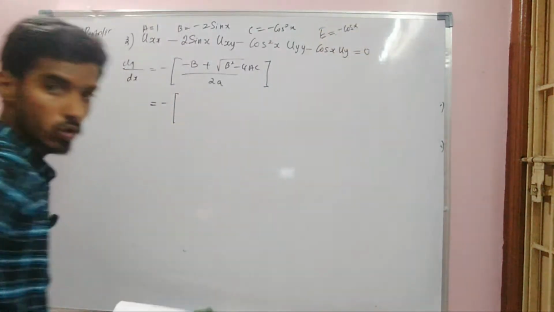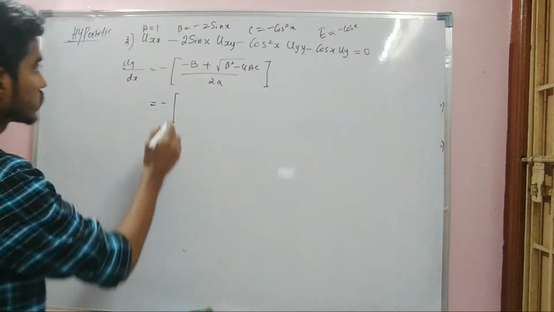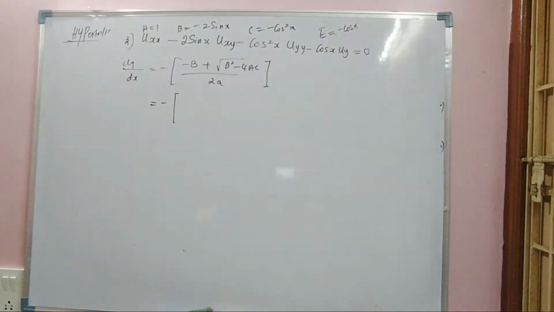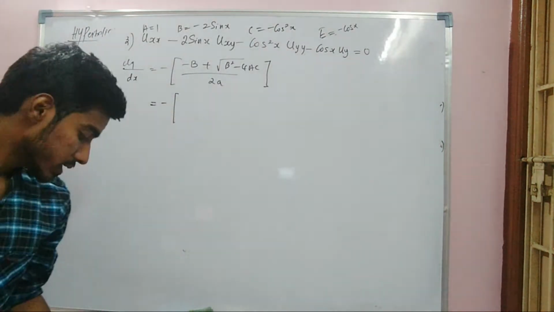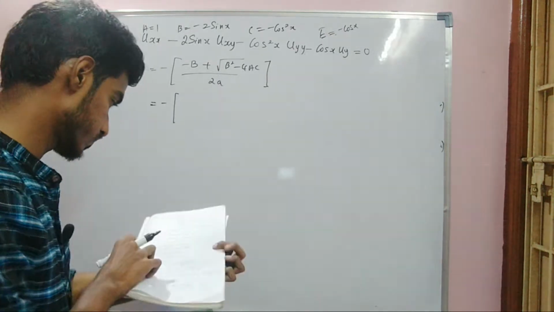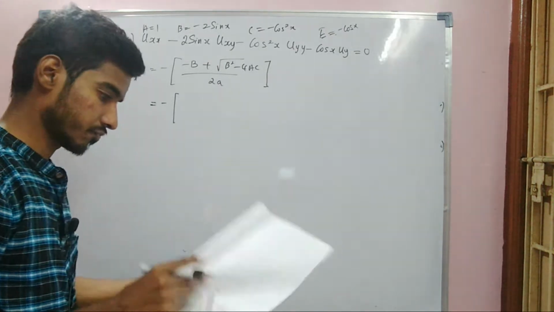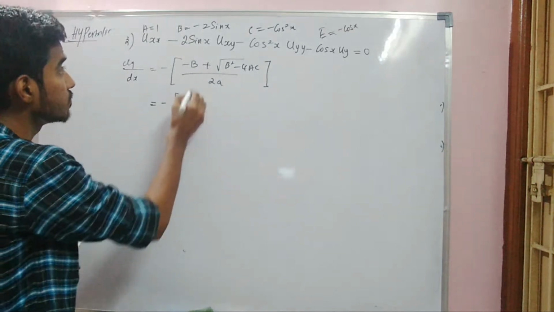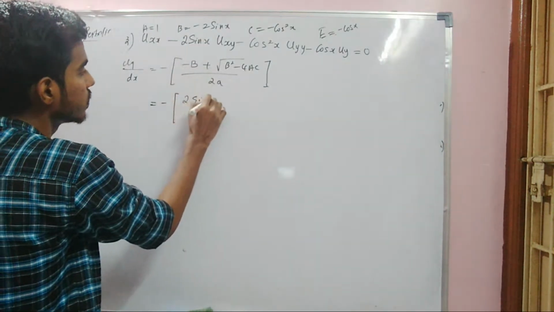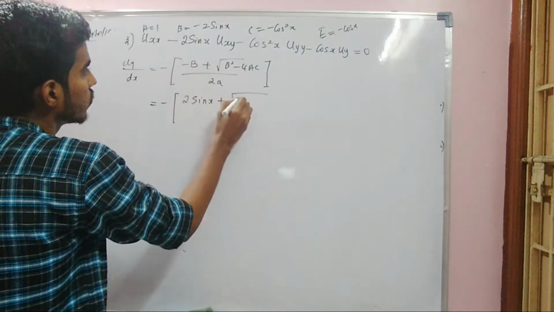By substituting here, minus b will be plus 2 sin x plus square root of b square.